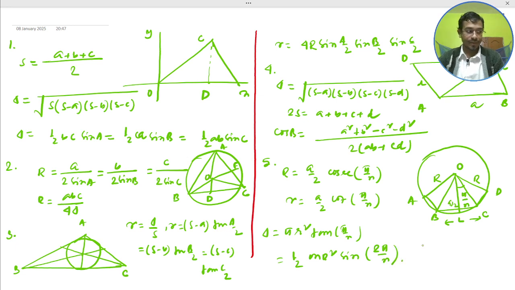This is the radius of the inscribed and circumscribed circle of a regular polygon.